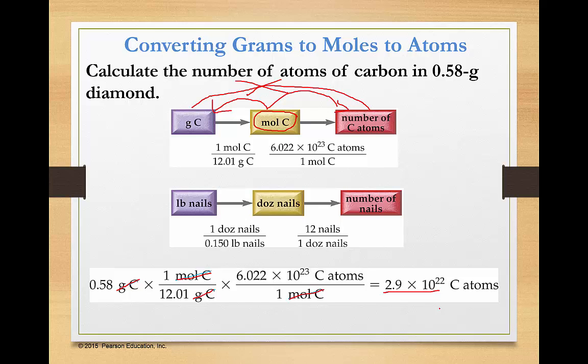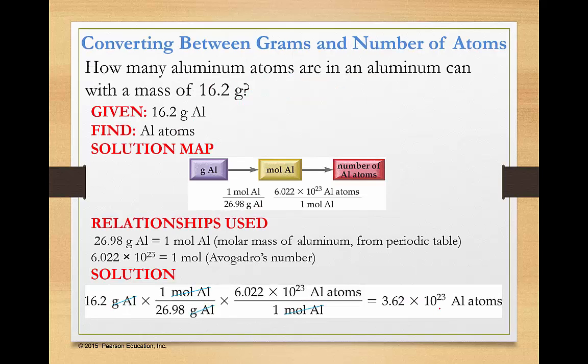All right, so let's try another one. Let's look at one more example of that. How many aluminum atoms would I have in an aluminum can if the can weighed 16.2 grams? So if I'm looking at my problem here, here's my given information: 16.2 grams of aluminum. What I want to know is the number of aluminum atoms.